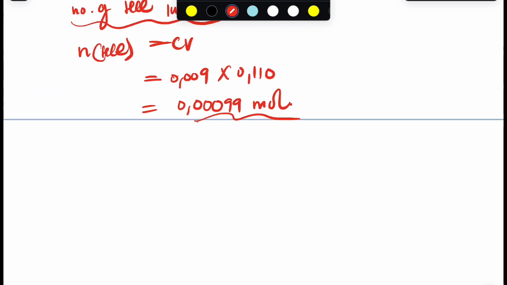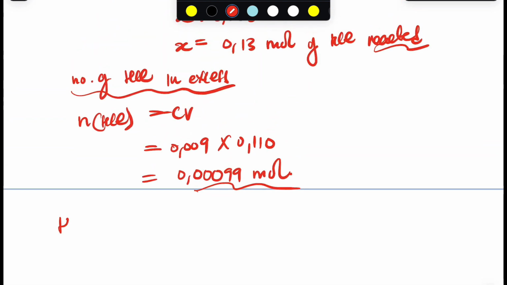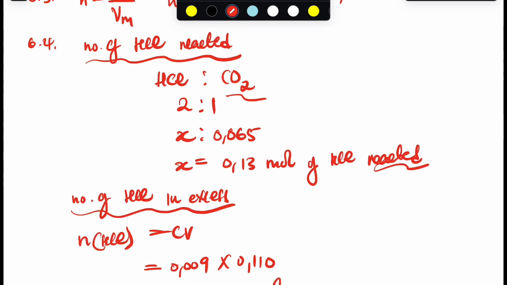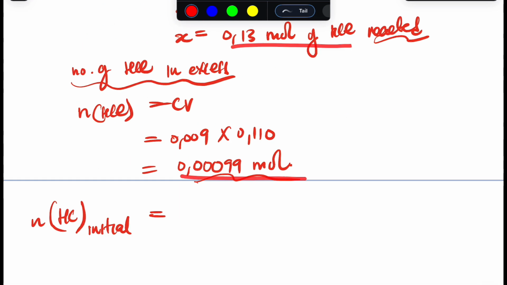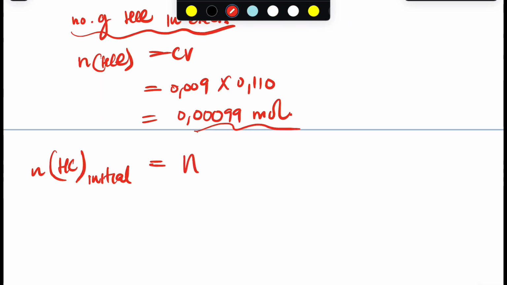So now, in order to get the initial, you will say number of moles of HCl initial, right? The number of moles initial, guys, is this amount plus this amount. So you will say the number of moles of HCl excess, or you can say left, plus the number of moles reacted.